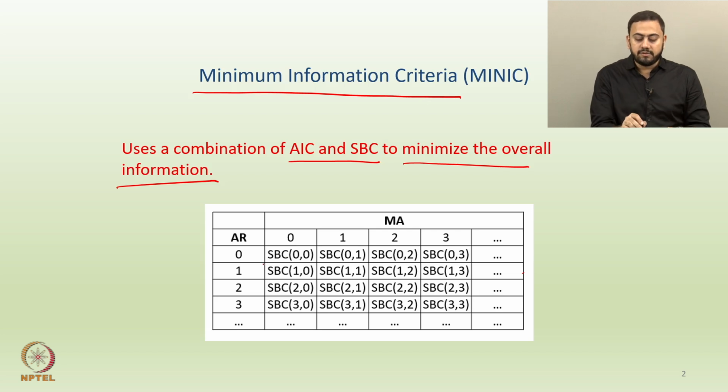Whatever value I have based on the practical data, I will input that in this cell. So, SBC 0 0 because orders are 0 0, then 0 1, 0 2, 0 3 etc. Okay. So, this table will give you a better idea really quickly as to which cell gives you the minimum value, and then you fix those orders accordingly, right. So, we will see an example here.